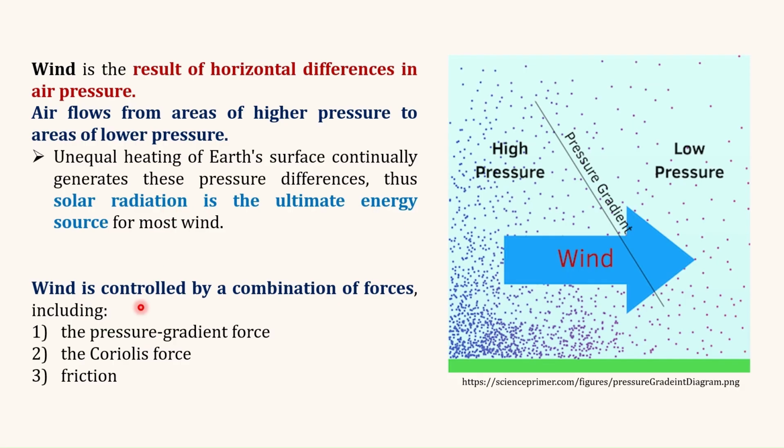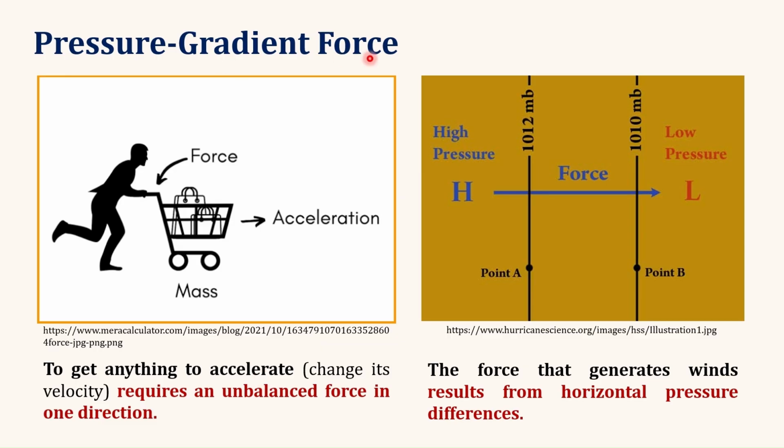Wind is controlled by a combination of forces, including the pressure gradient force, the Coriolis force, and friction. So, now we will learn about each of these factors in detail, and we will start with the pressure gradient force. To get anything to accelerate or to change its velocity, it requires an unbalanced force in one direction, and the force that generates wind results from the horizontal pressure differences.